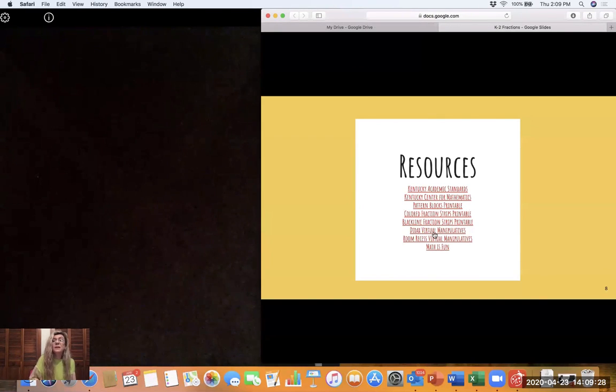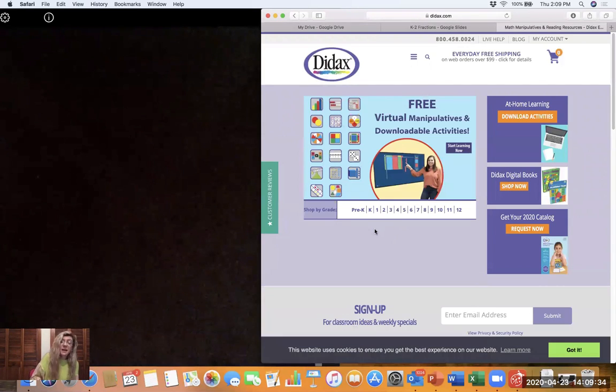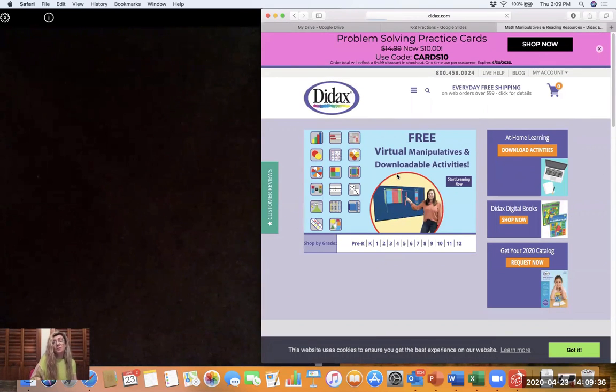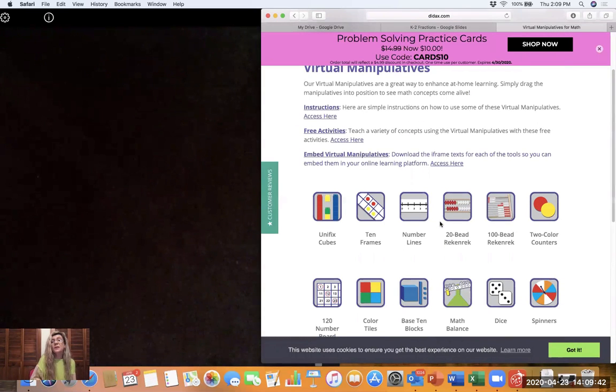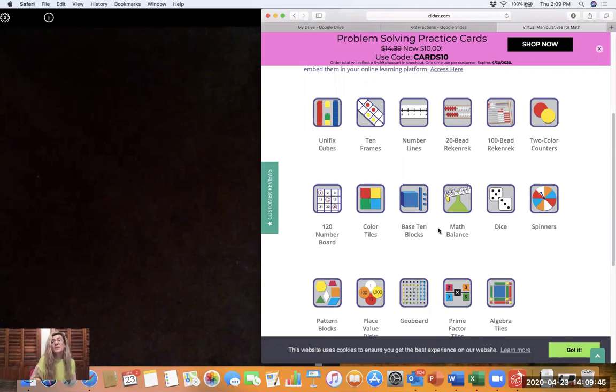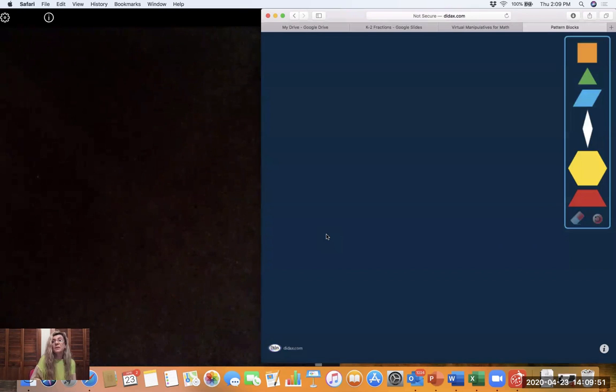Now, here's an awesome site. Stephanie and I love this site. Not only do they have awesome materials, they have an awesome virtual site for us to use. So you can see there's tons of stuff on here, but for our purposes today, I want to show you the pattern blocks. So here are these pattern blocks. Remember how I was building earlier and trying to see how many trapezoids it would take to make a hexagon?